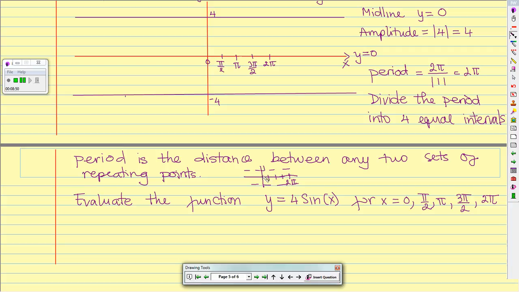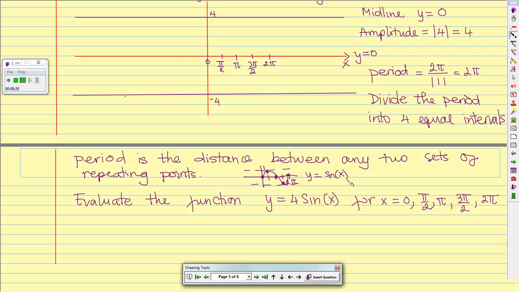So your y values are 0, 1, 0, -1, and 0. So this will be your set of 5 points. So right now this will be the graph of the parent function y equals sine of x.